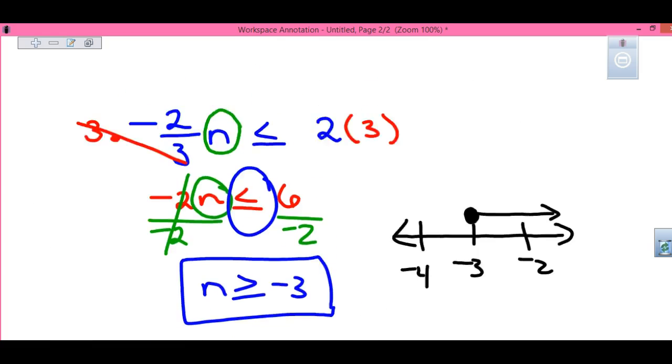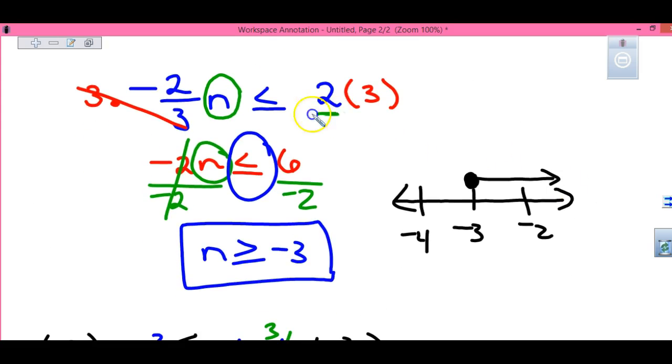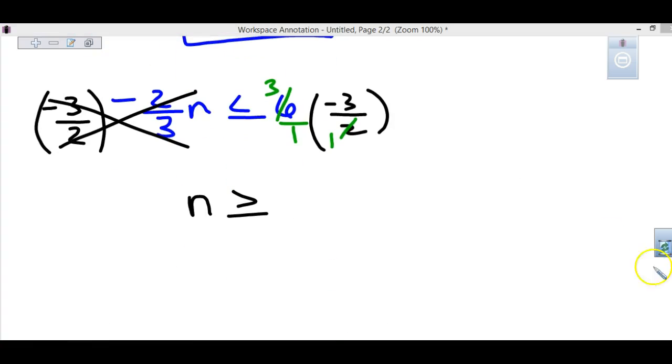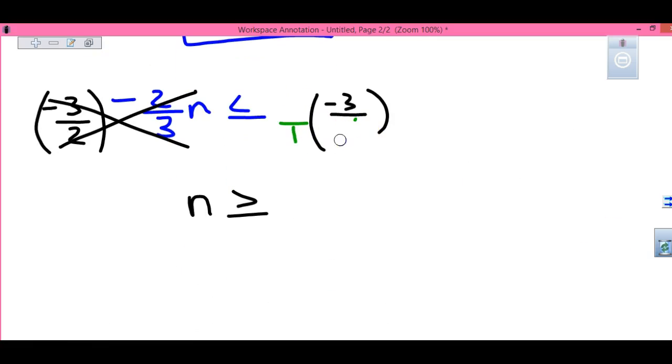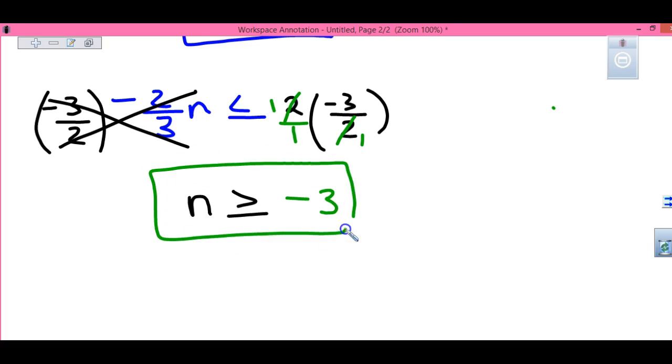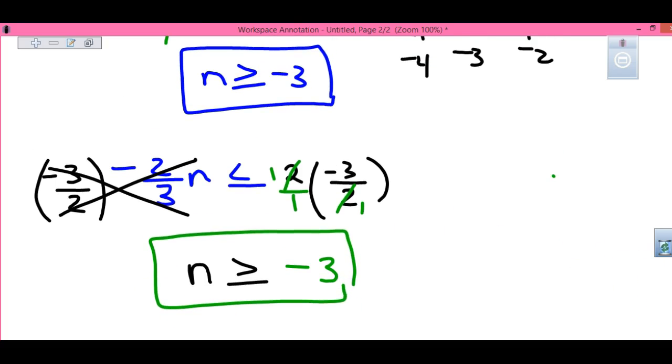If we have, let's say, 6 is less than or equal to negative 3/5 w. Because we're multiplying times a fraction, the shortest way around this is to multiply times the reciprocal, negative 5/3.